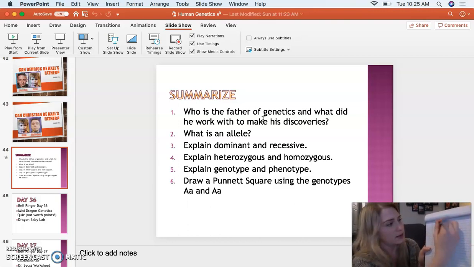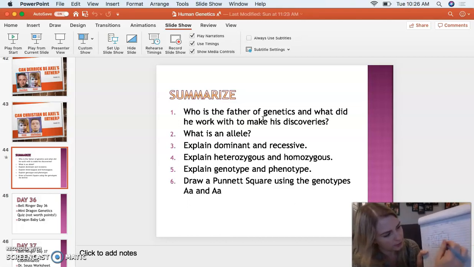We've got heterozygous versus heterozygous. You're going to put one A here, the other a there. One A here, the other a there. You're going to bring these alleles down, these alleles over. So you see I'm just filling this in. Got that allele there. Got that allele there.